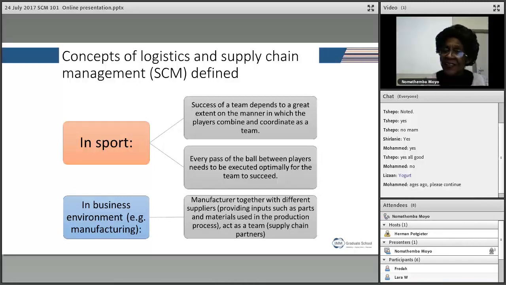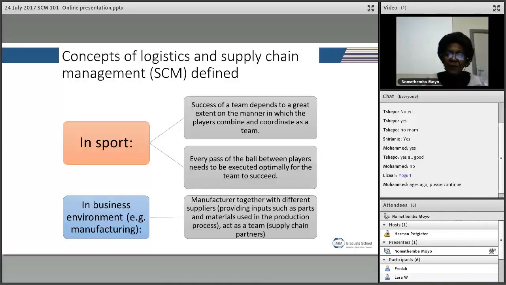So there is emphasis on the team working together. The success of a team depends to a great extent on the manner in which the players combine and coordinate as a team. These organizations in a supply chain have to work together. Every pass of the ball between players needs to be executed optimally for the team to succeed.